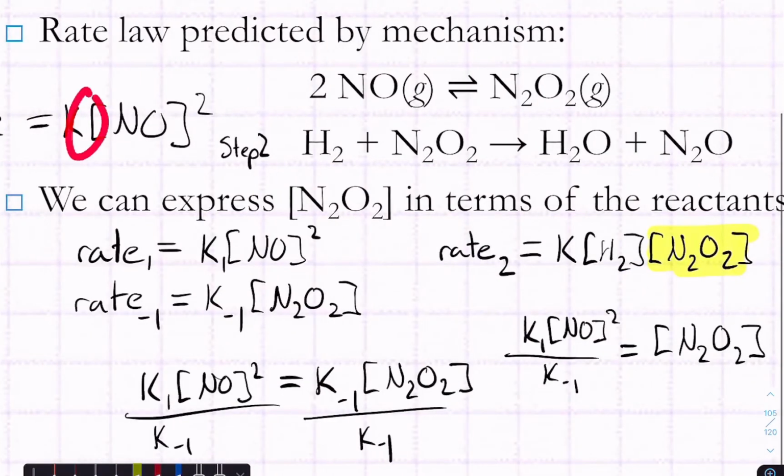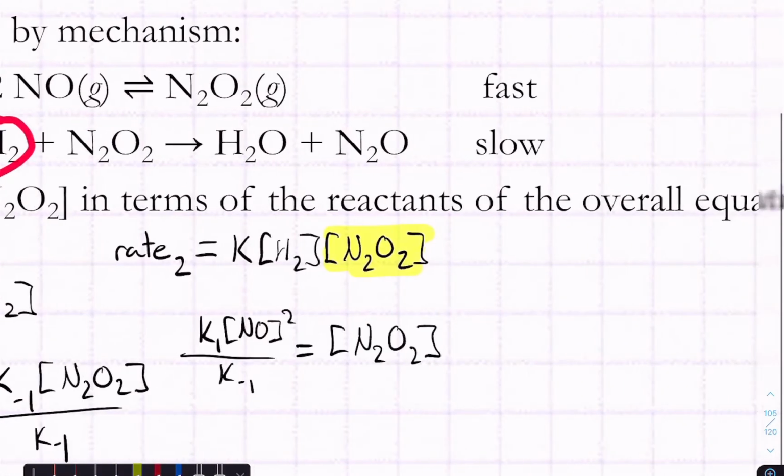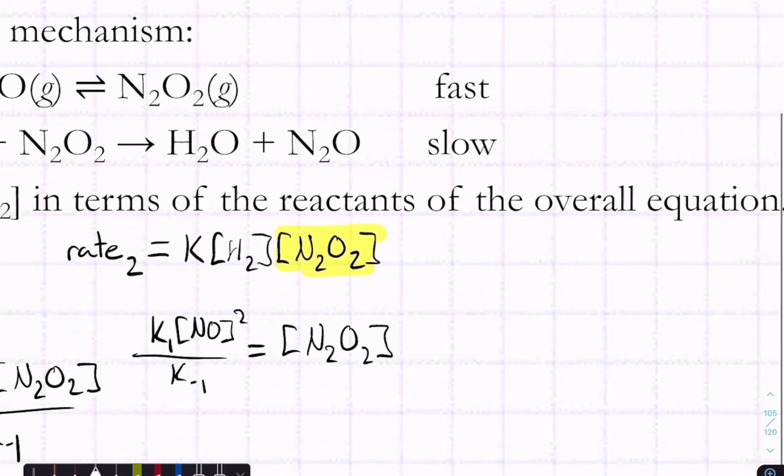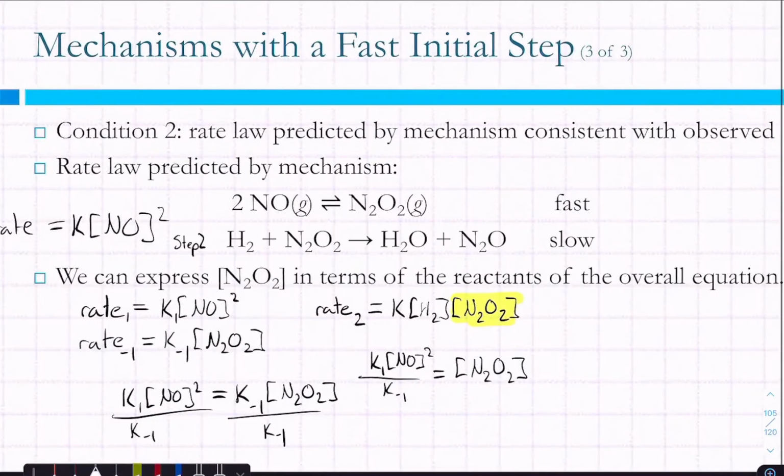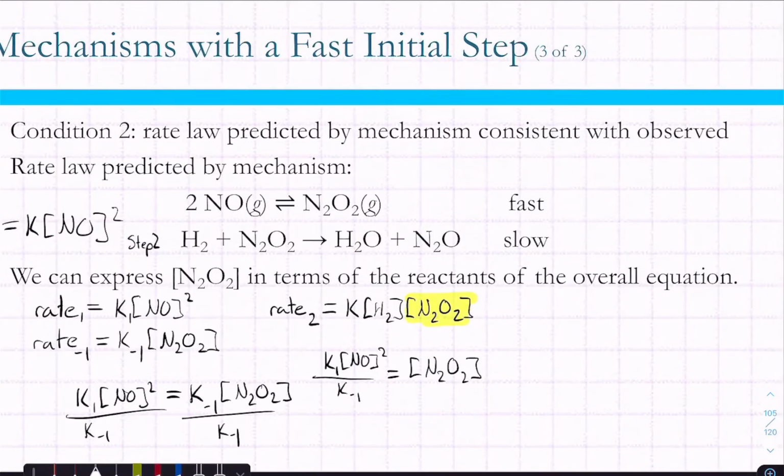And actually, I did miss something up here, that the hydrogen is also part of that. All right, I'll zoom out again. So now the rate is equal to k2 times the H2 concentration times k1 over k negative 1 times the concentration of NO squared.